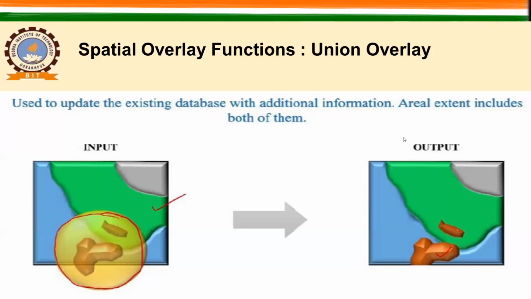The output will have extra features apart from this boundary, whatever it was, right? So here the features are updated and the area is also changed. It depends: if both layers are of the same area, then you may not have any areal extent change. But if they are different, then this condition may arise.